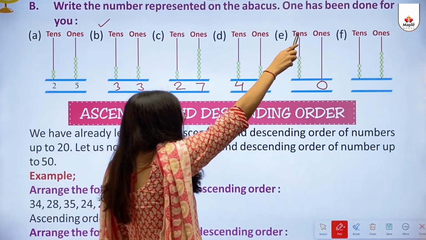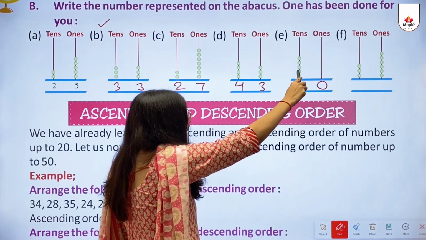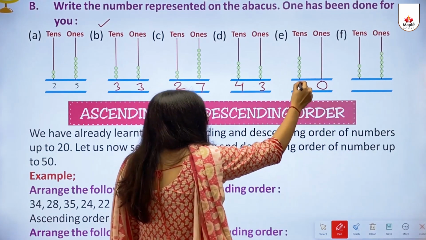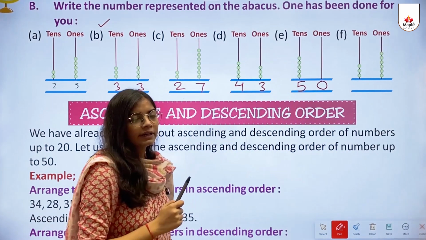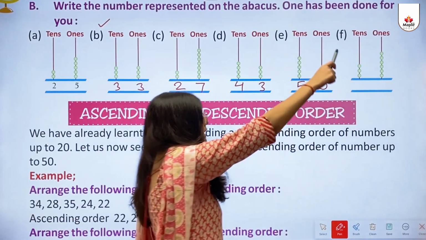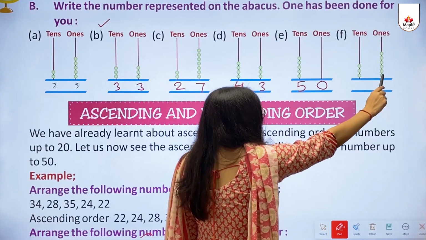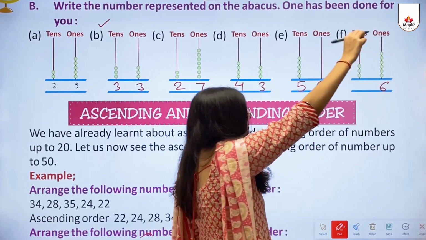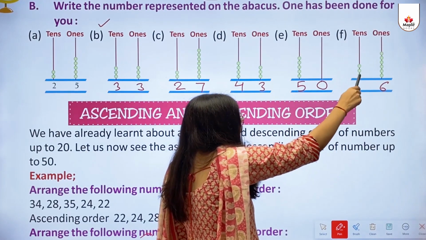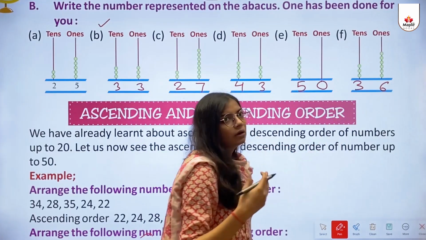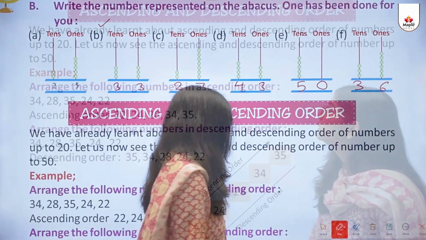Then under tens we have 1, 2, 3, 4, 5. So the whole number is 50. Then F. Under ones we have 1, 2, 3, 4, 5, 6. And under tens we have 1, 2, 3. 3 beads. The whole number is 36.